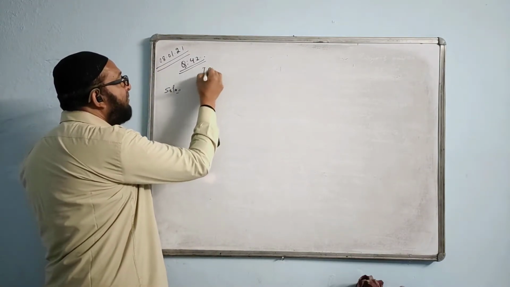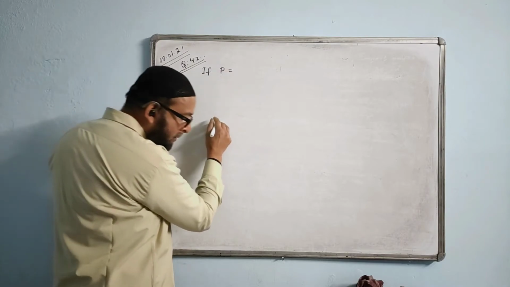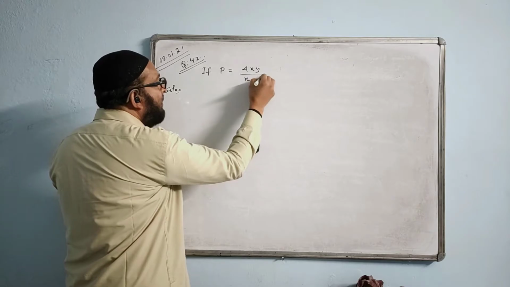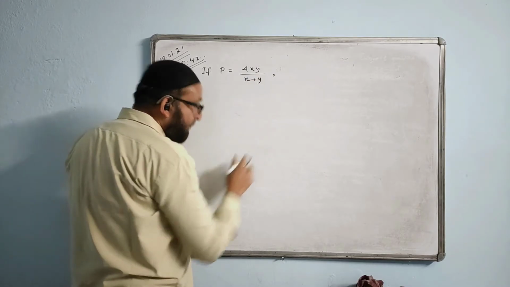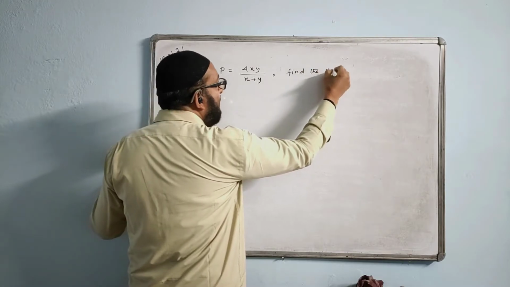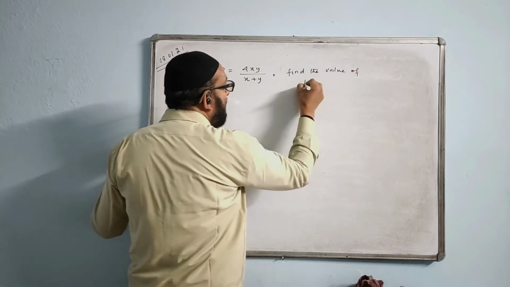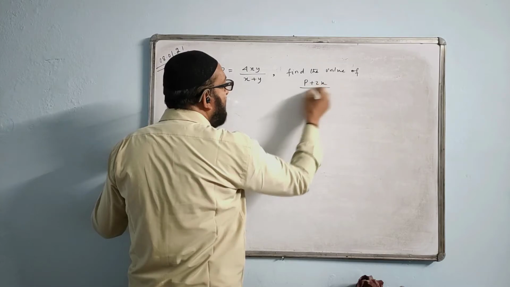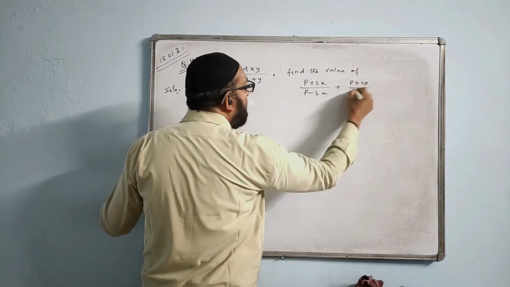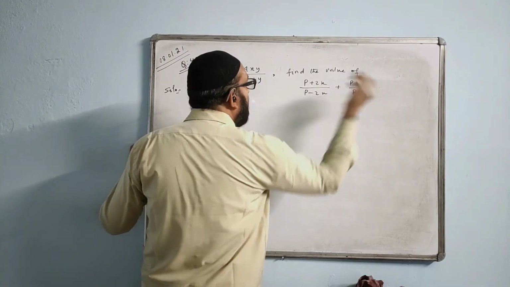The question says, if p equals 4xy by x plus y, find the value of p plus 2x by p minus 2x plus p plus 2y by p minus 2y.